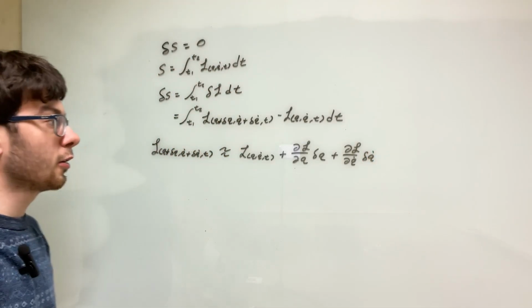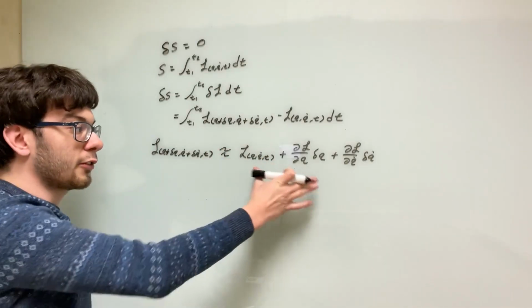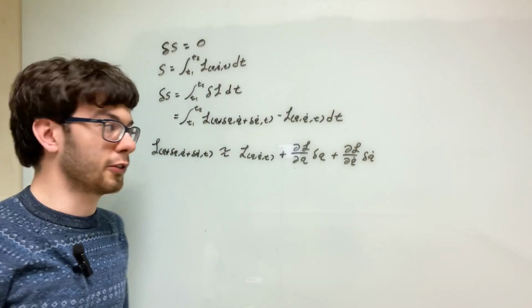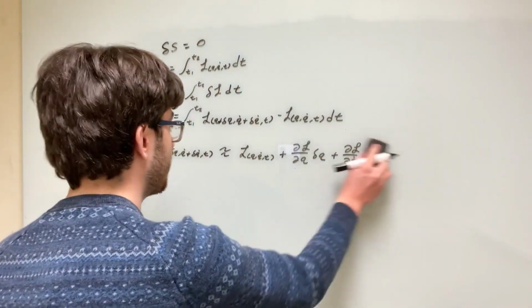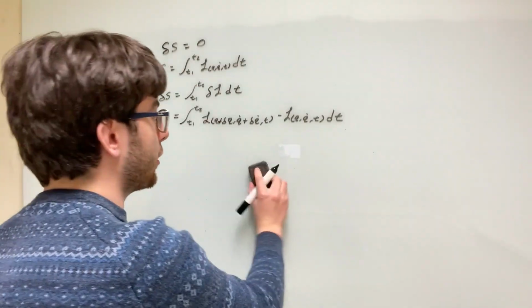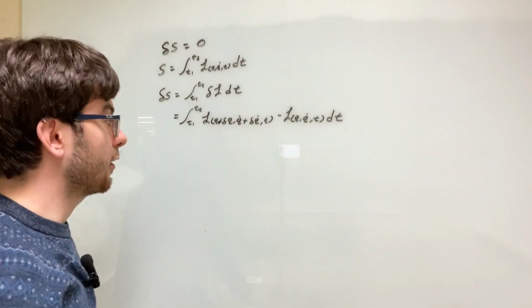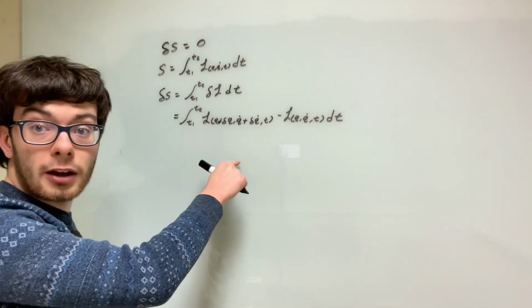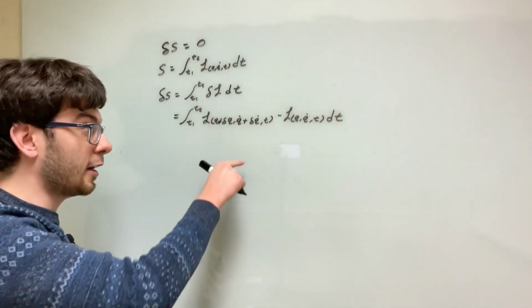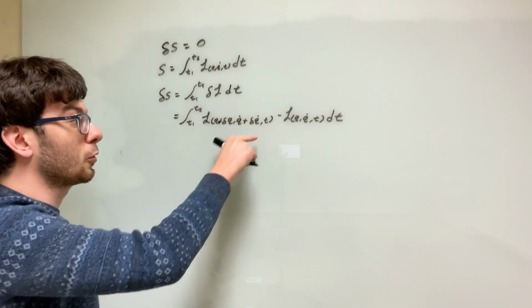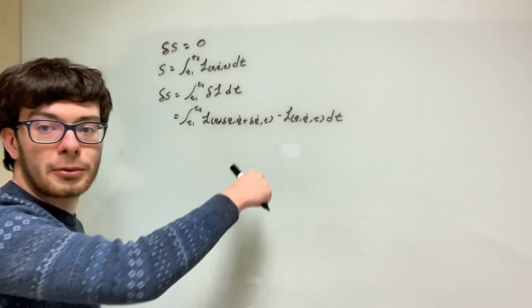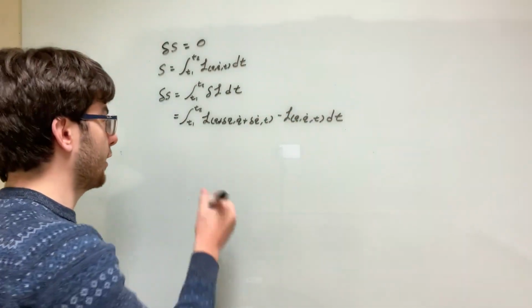So we can simply rewrite this Lagrangian as a first order approximation using Taylor series. So let us do just that. If you'll notice, the Lagrangian of the true path is equal to this Lagrangian but has an opposite sign, so those two will just cancel out.